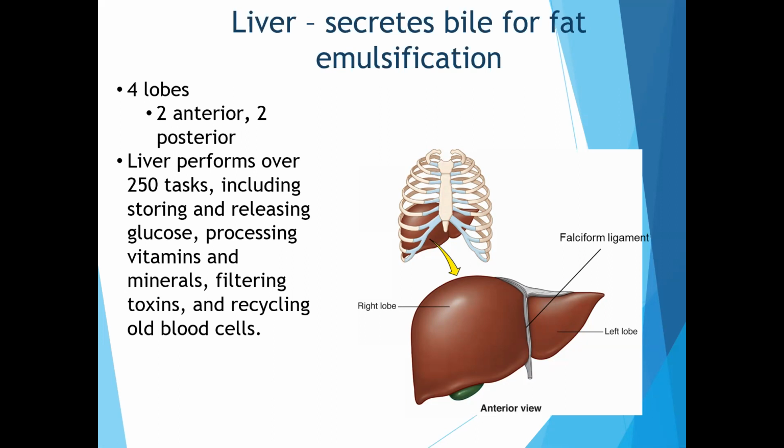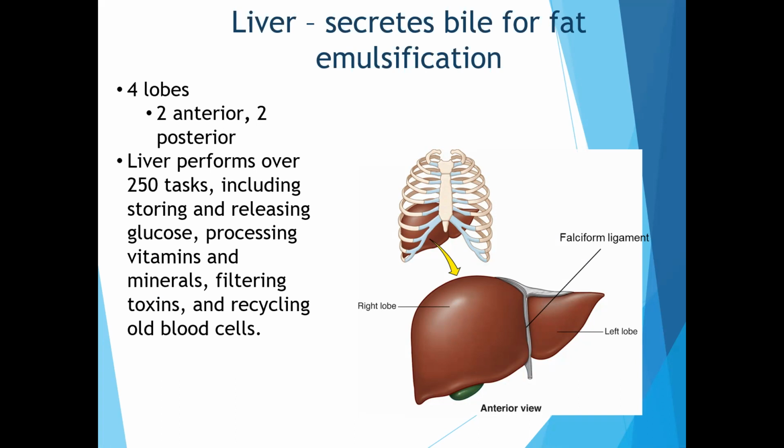So our liver is broken down into 4 lobes. You have 2 anterior, 2 posterior. The right and left halves are divided by the falciform ligament, and the falciform ligament also anchors our liver in place. So the liver is extremely important. We talked about it in the blood chapter.